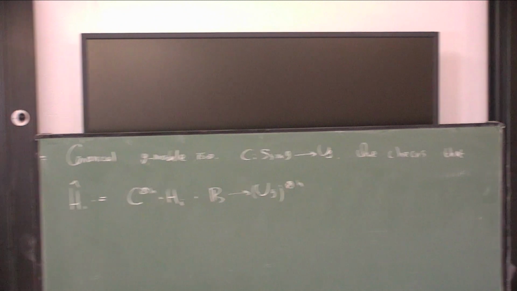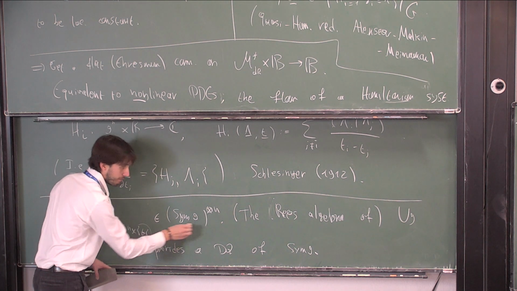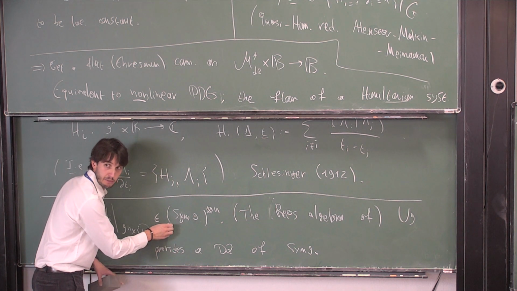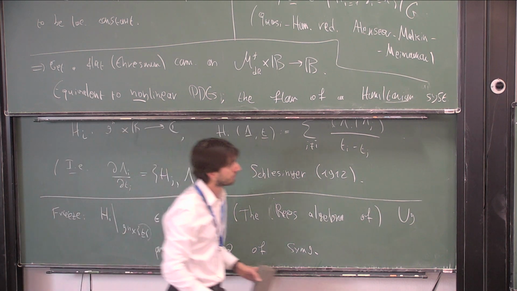Because of this statement, I can think of H_i as a map that for each point gives me an element here. So the classical Hamiltonian is a function from B into G to some power.